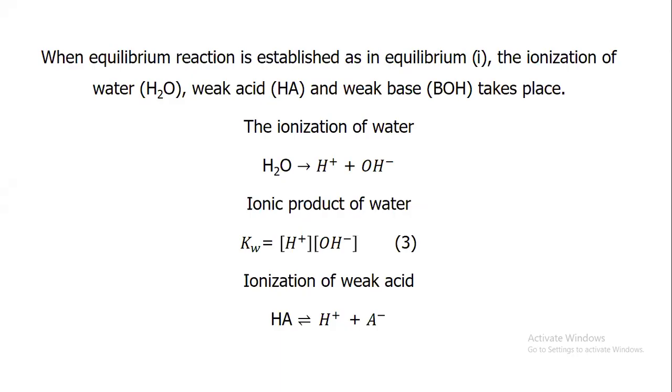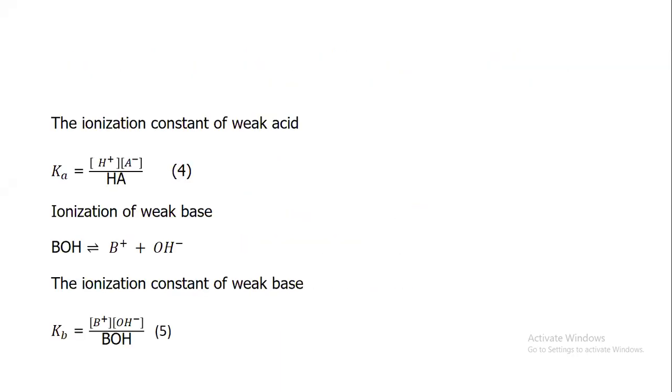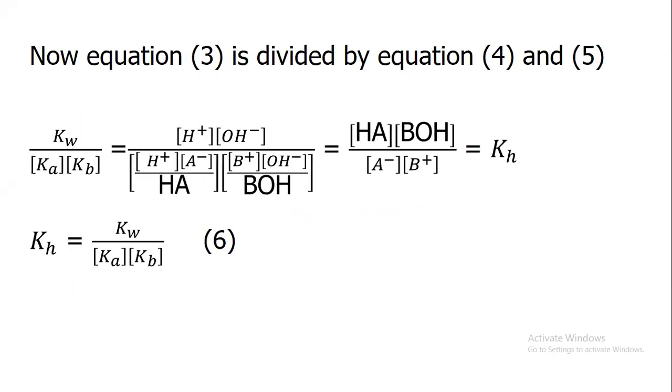Ionization of water and ionic product of water: Kw equal to [H+][OH-]. Ionization of weak acid HA gives H+ and A-, with ionization constant Ka equal to [H+][A-] over [HA]. The ionization of weak base: Kb equal to [B+][OH-] over [BOH].